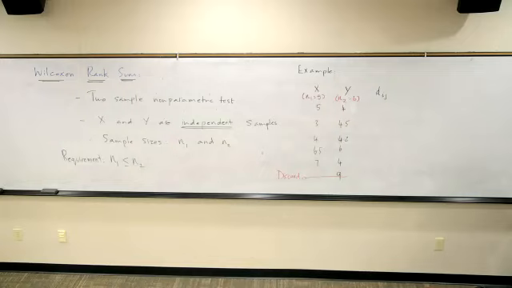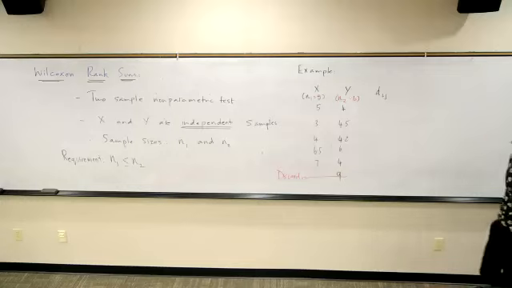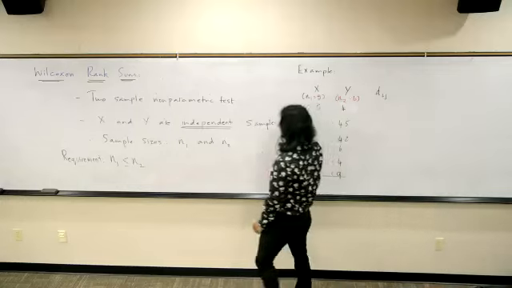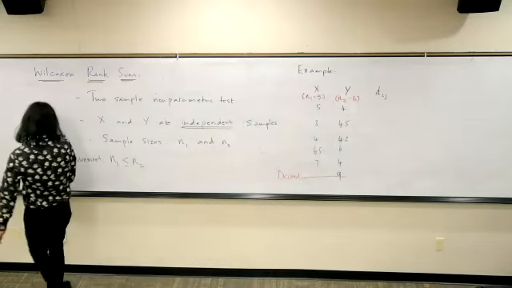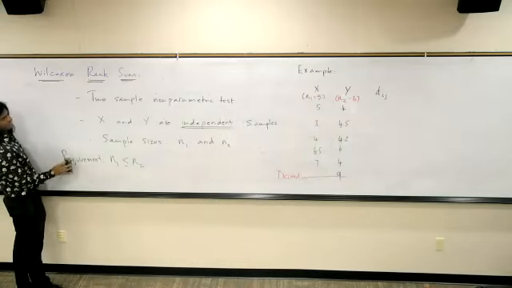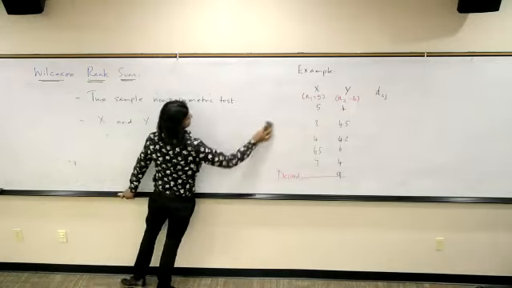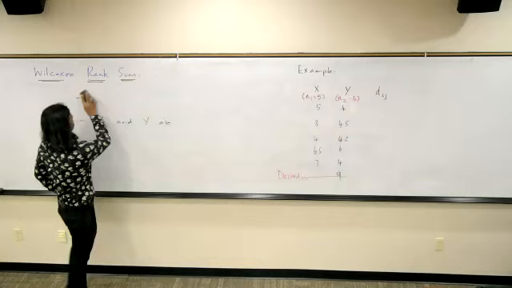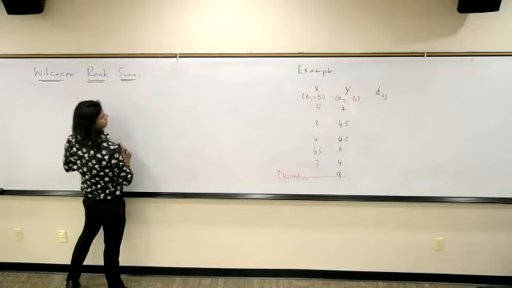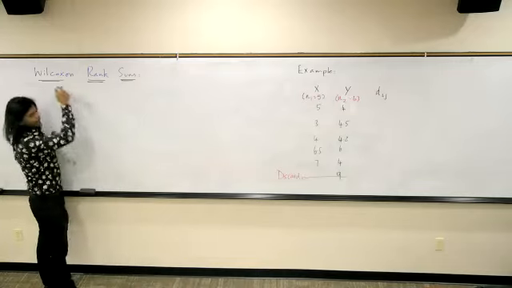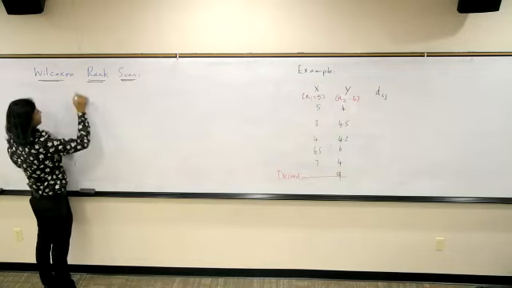So we want to find the number of times xi is greater than yj. Good. So that gives us dij. Right, x over here, y over there.